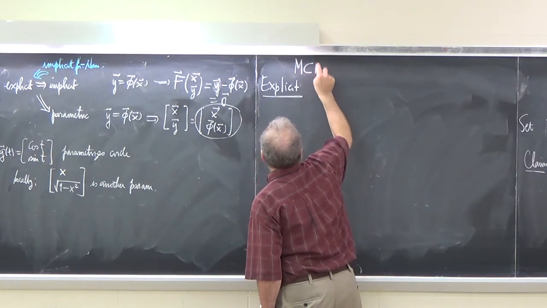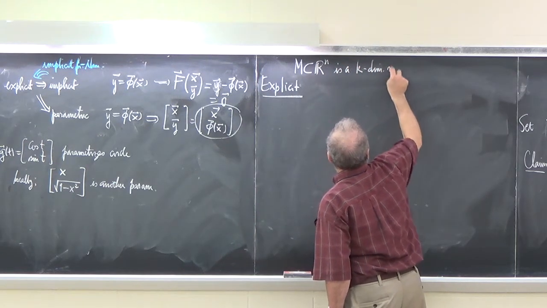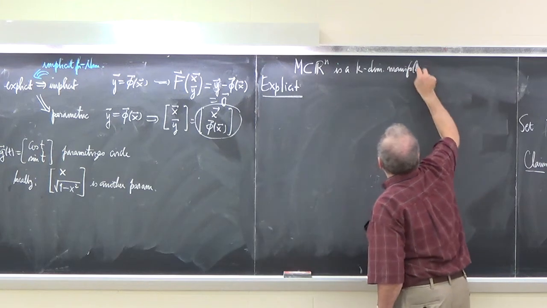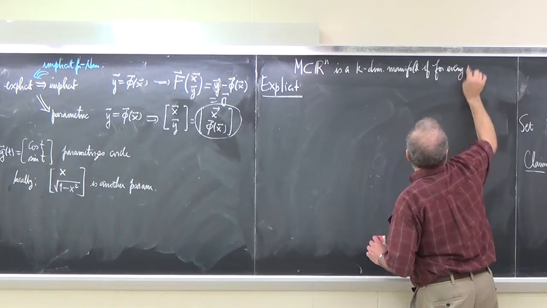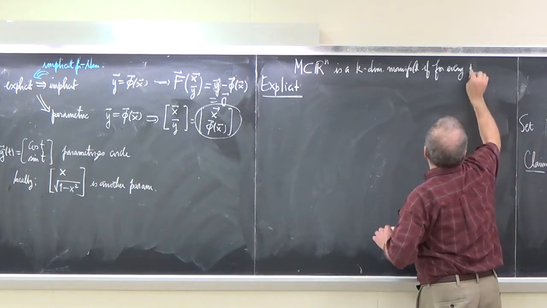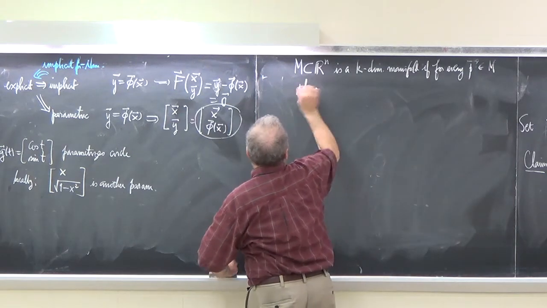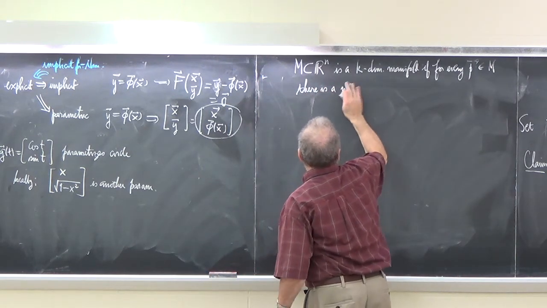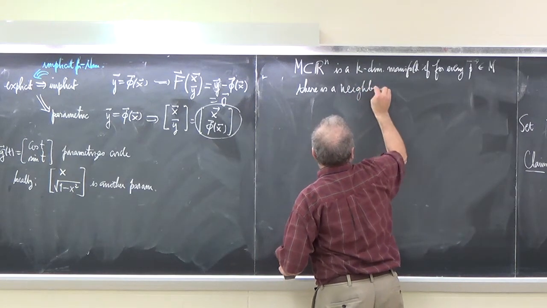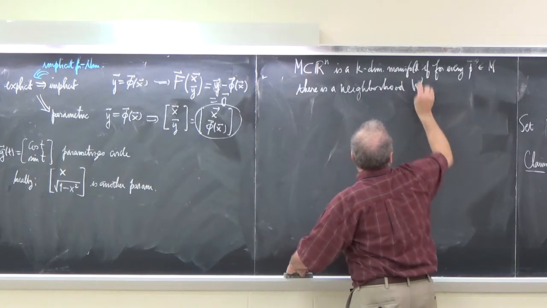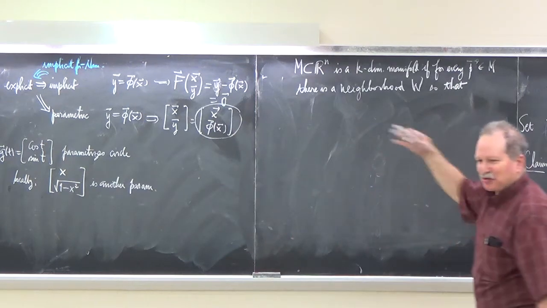M sitting inside Rn is a k-dimensional manifold if for every point P there is a neighborhood W, so that, and then I'm going to put the three things.